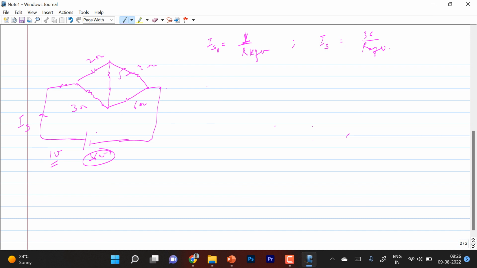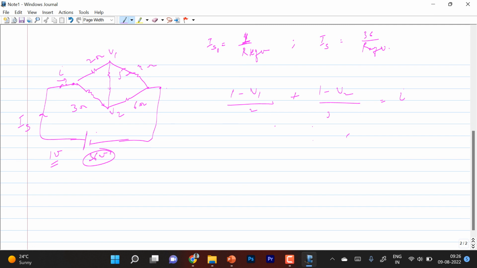So I'll quickly write the equation. Just tell me if you are following. The potential here is 1 volt now, the new potential according to the unitary method. So I can write the current flowing over here as (1 minus V1) by 2. I am taking the node voltages as V1, V2. So (1 minus V1) by 2 plus (1 minus V2) by 3 is equal to the current I flowing over here.